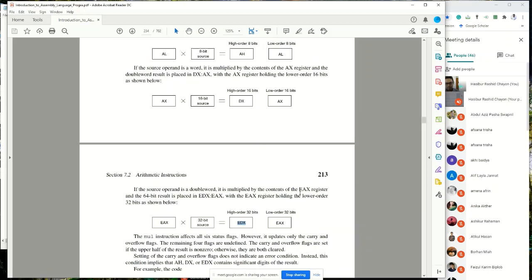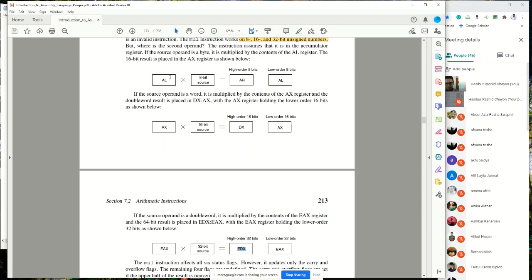If you compare these three procedures, there are many similarities. We have the source, but the other operand is stored in one register, and after the multiplication, the lower part of the answer is stored in that operand register. That's why this column and that column are the same. Look: AL AL, AX AX, EAX EAX, right?